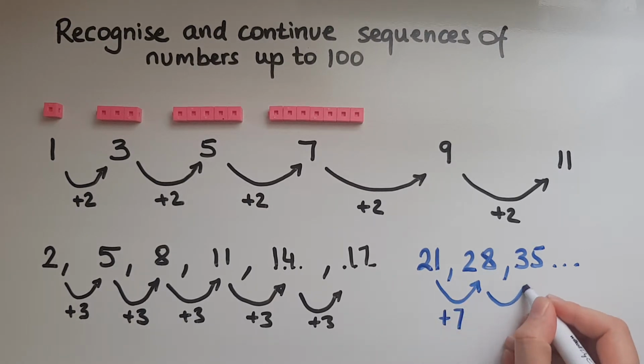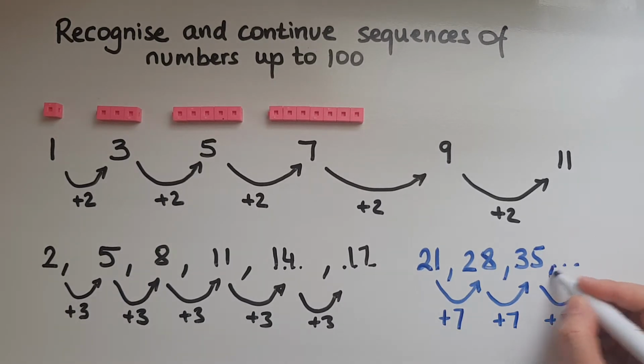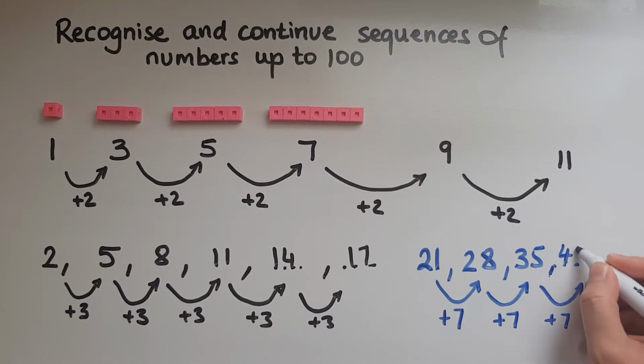To get from 28 to 35, we add in 7. So we must add 7 to the next one. So if I add 7 to this, this becomes 42. So I found the next one.